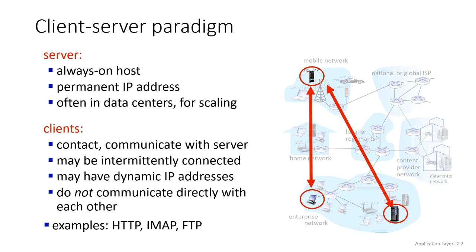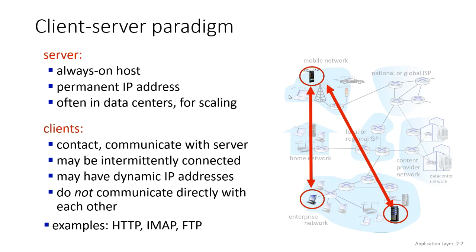Now, this is a server and the client speaks to a server. Now we have the clients here. The clients are basically applications that make requests to the server. They communicate with the server. They may speak to each other.